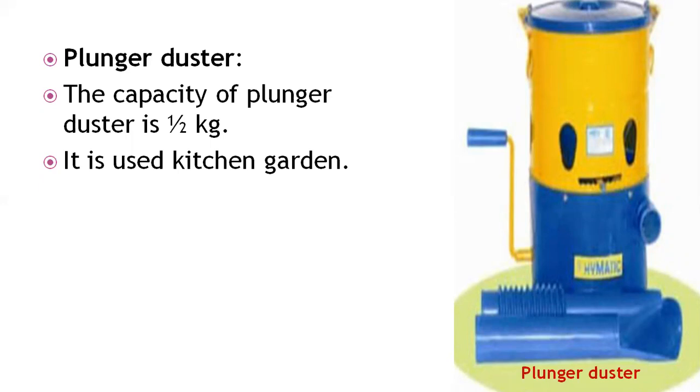The capacity of this plunger duster is half a kg, and it is used mostly in kitchen gardening. So these are the dusters generally used in many crops, and also for soil spot application, and they have many uses.